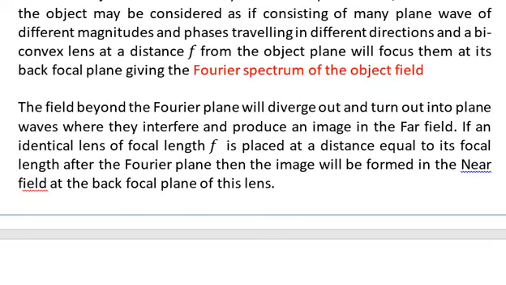That lens will collect the spherical waves from the Fourier plane and convert them into plane waves, and these plane waves will interfere at the image plane, which is at the back focal plane of the second lens, and the interference will yield the image. So, if an identical lens of focal length f is placed at a distance equal to its focal length after the Fourier plane, then the image will be formed in the near field at the back focal plane of the lens.